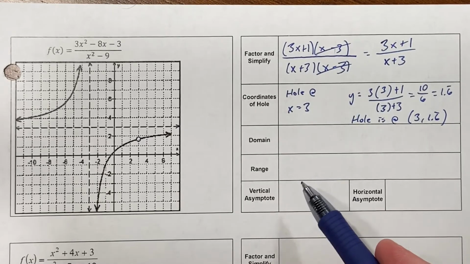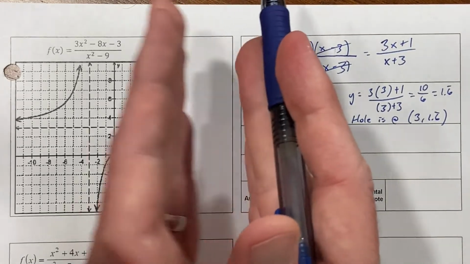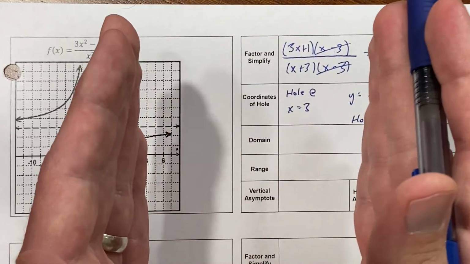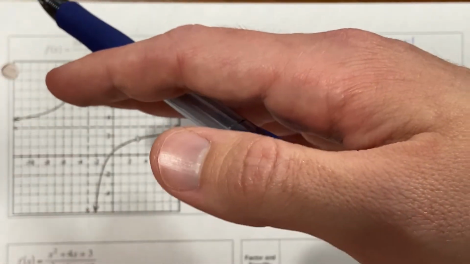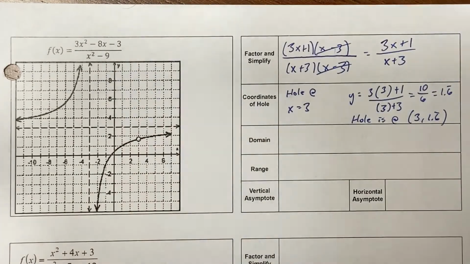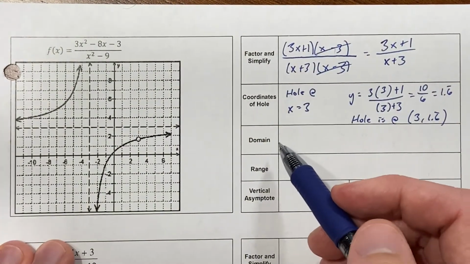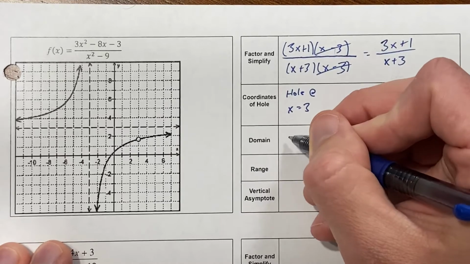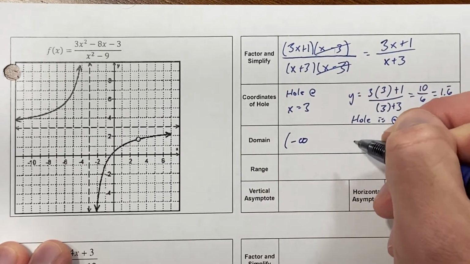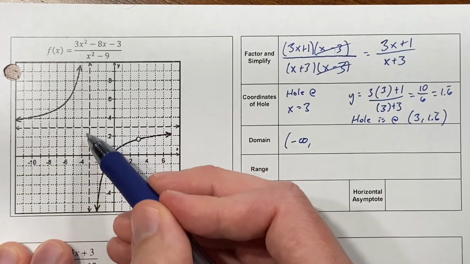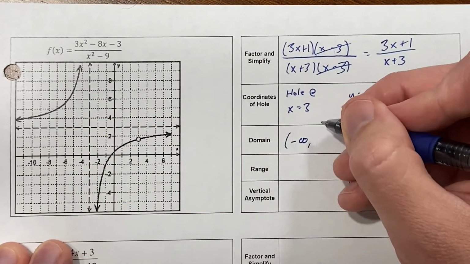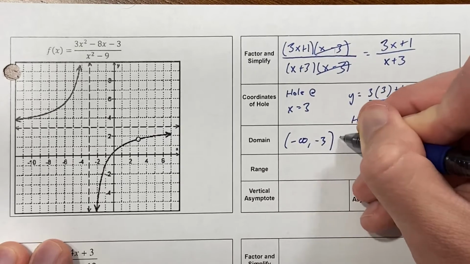Domain of this thing. Domain is how far left and how far right the graph goes. And range is, boom, how far down does it go to how far up does it go? So domain, how far left does that graph go? Negative infinity. And it goes all the way from negative infinity until it's getting really, really close to negative 3.